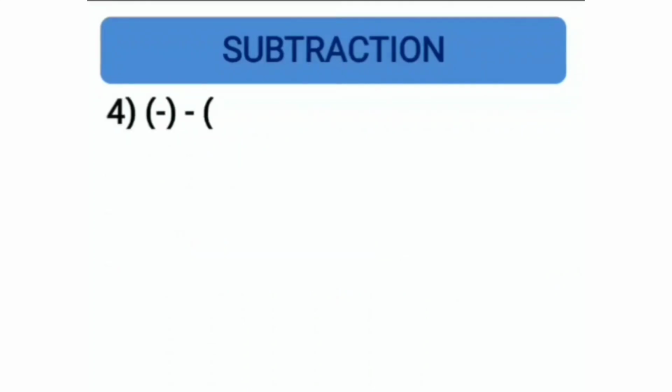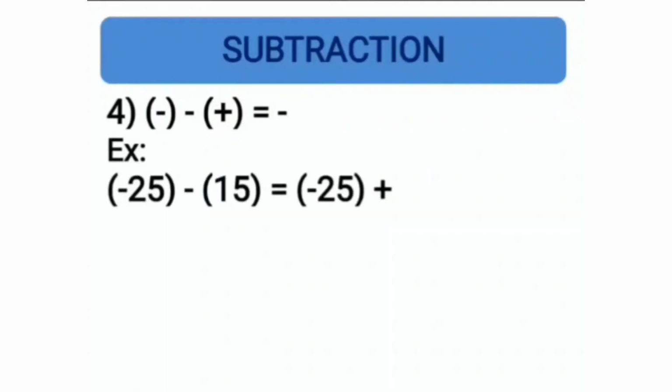The fourth rule is when a positive number is subtracted from a negative number, we get a negative number. For example, minus 25 minus plus 15 is equal to minus 25 plus minus 15. As per the multiplication rule, we get minus into plus 15 as minus 15.